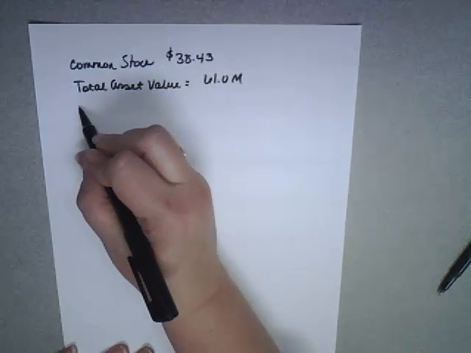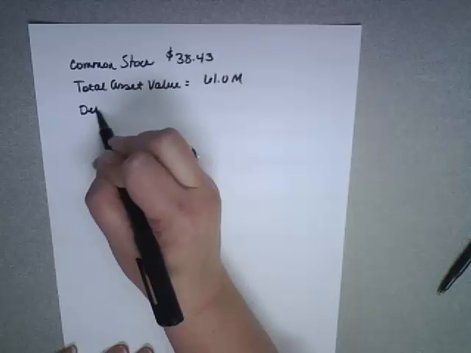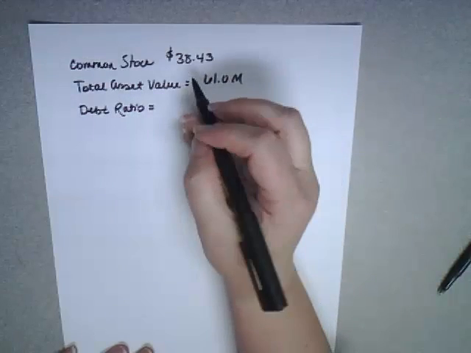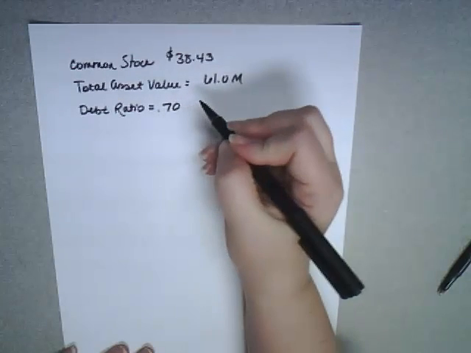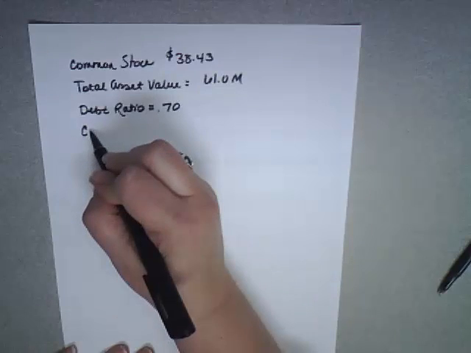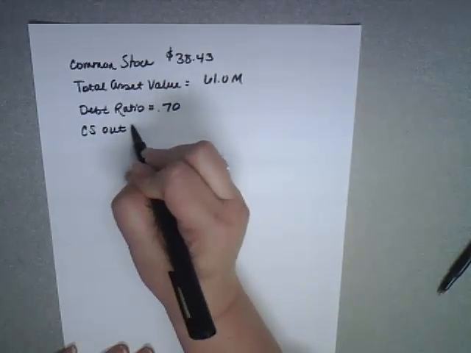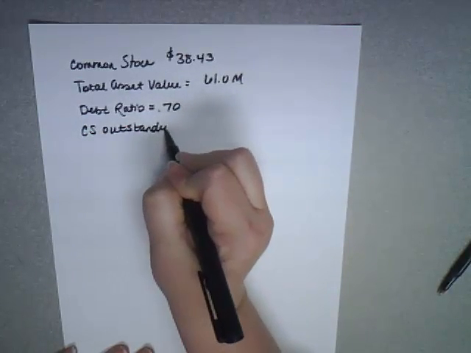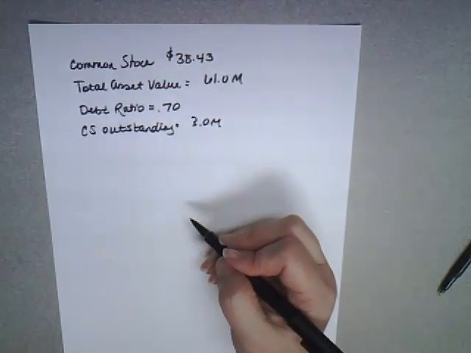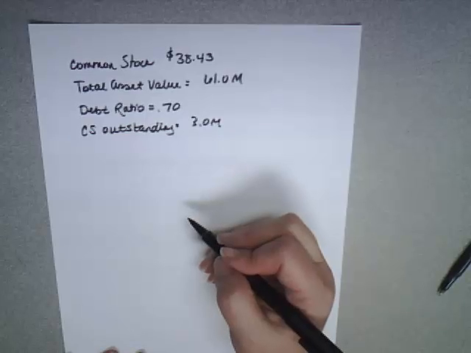Then they gave us our debt ratio of 0.70. We have no preferred stock, and we have common stock outstanding, 3 million shares. And it wants to know what the market to book ratio is.